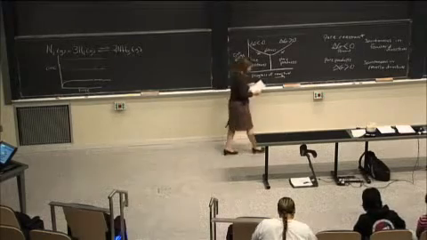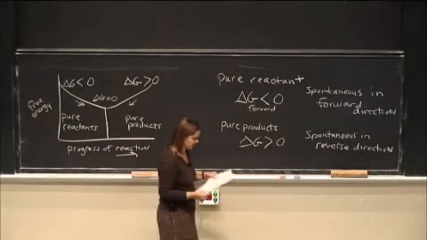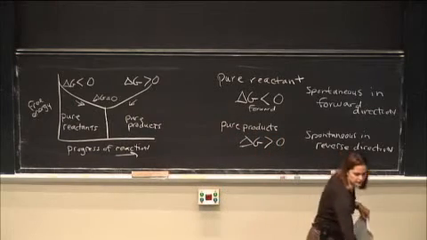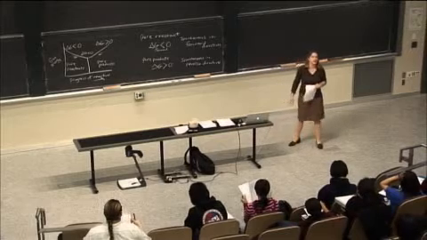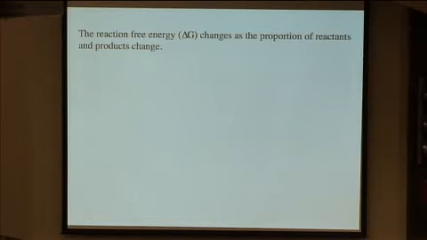So we have not left delta G behind. So delta G is going to change as the components of the reaction change. As you have more products or more reactants, you're going to have a different delta G.